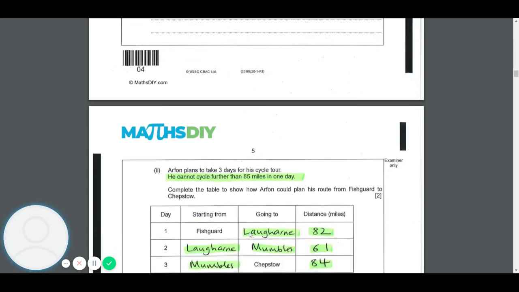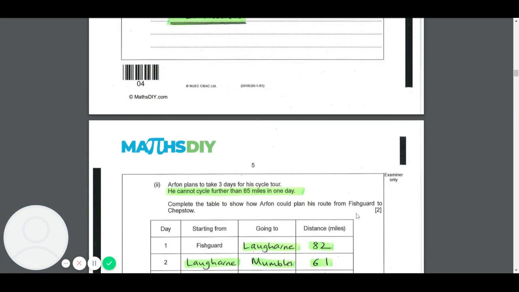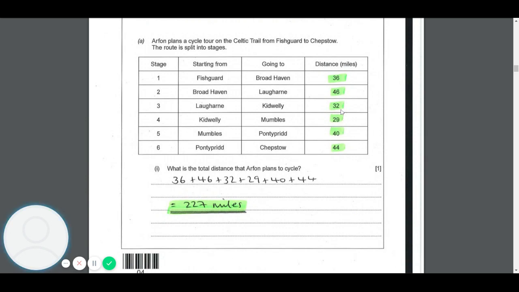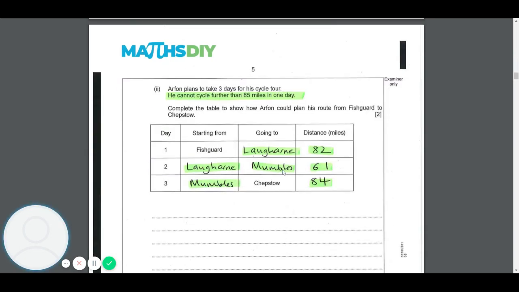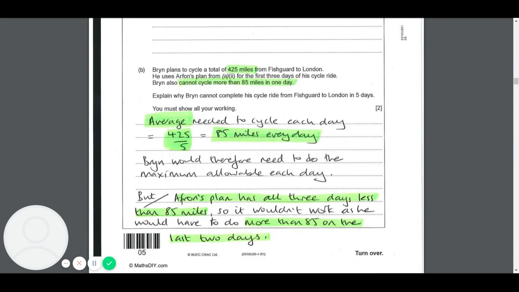So 2 stages gets you to Loughain and 82 miles. And then if you have a look at the next one, we can go again 2 stages. If we try adding on the third one, it doesn't work. So another 2 stages gets us to Mumbles, 61 miles, and then Mumbles to Chepstow adds up to 84 miles. So that's the only way you can do it.